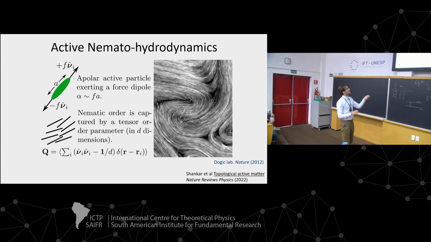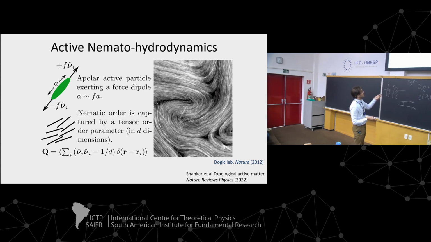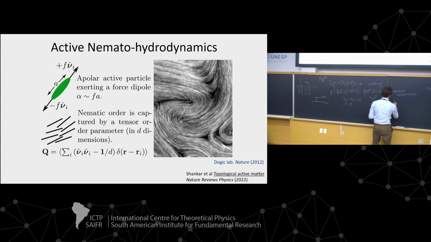Instead, you need an even number, and the lowest even number you can have is 2. So what this order parameter tells you is that you can take an outer product of these two vectors, where i here is the index of the particle, not the index of the vector, and make a matrix out of it, right? In particular, the way that it's written out here, this is going to be a symmetric traceless matrix, which in 2 dimensions.